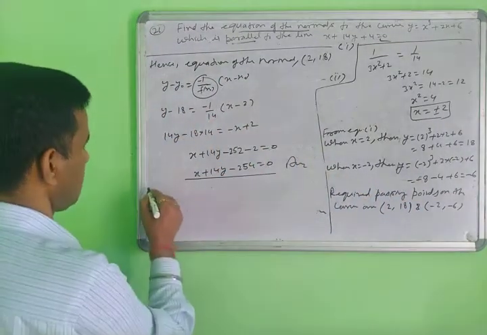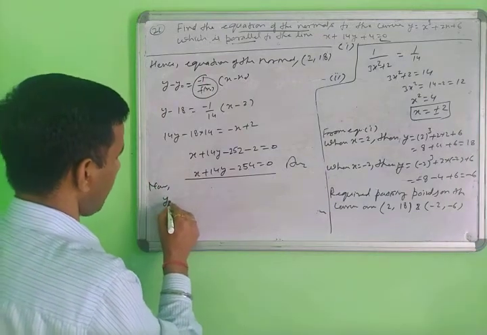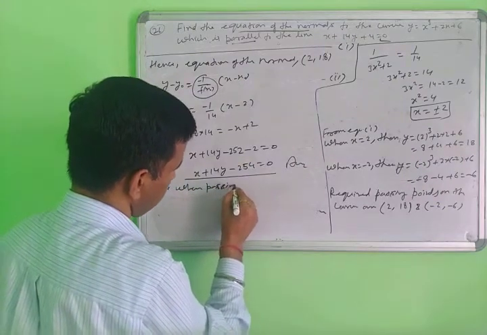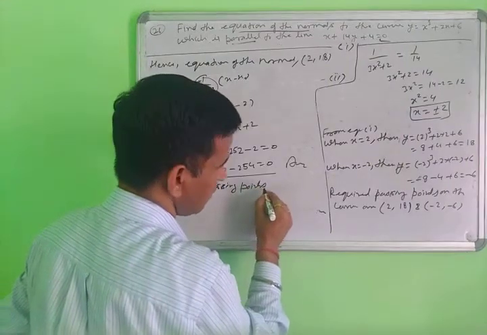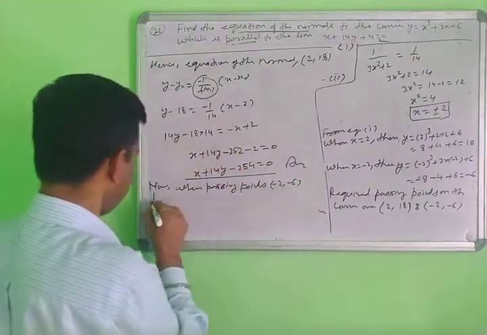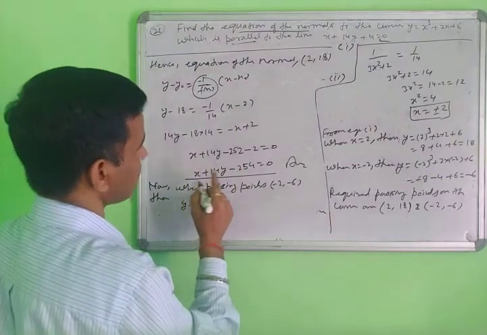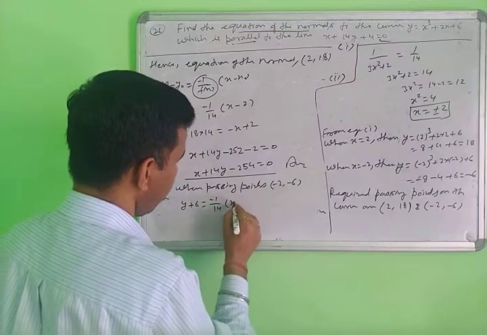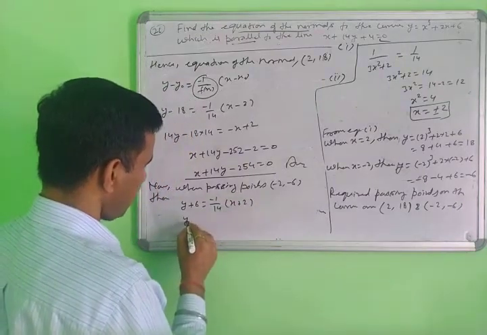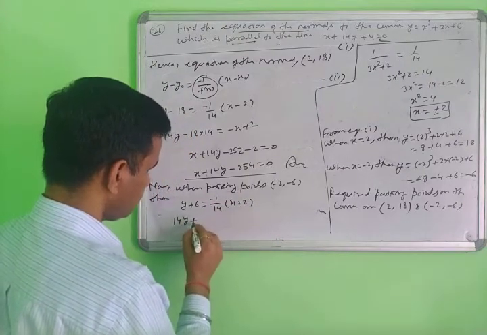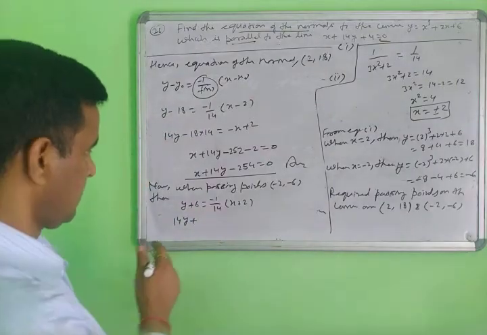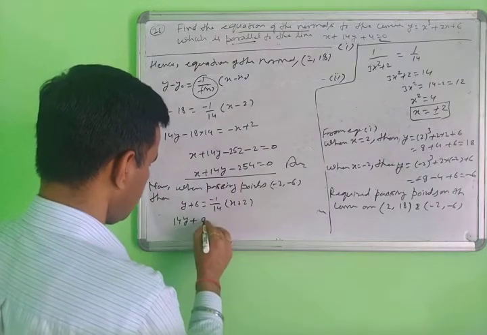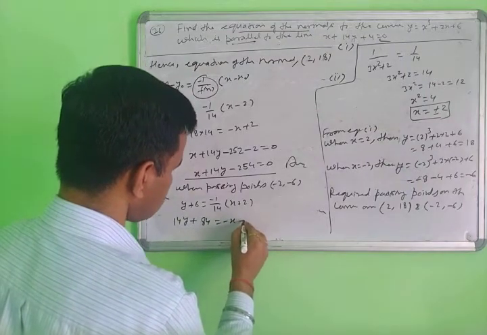Similarly, the equation of the normal when passing through this point, the slope will be the same here. Now the second equation: the passing point is (minus 2, minus 6). So y minus y naught, that is y minus minus 6, plus 6, equals minus 1 upon 14, same here, times x minus x naught, x plus 2.